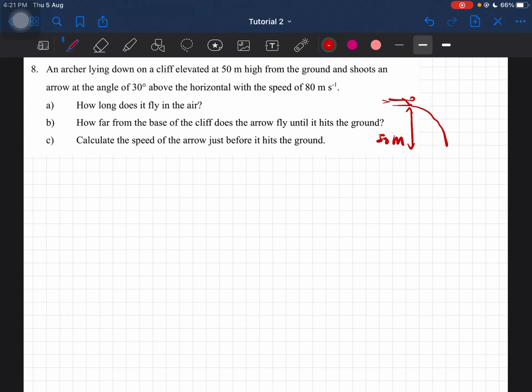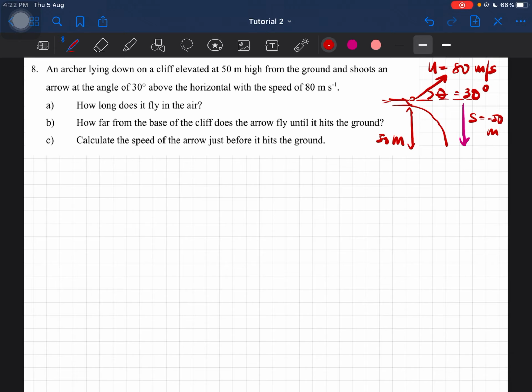Okay, and then he shoots the arrow at an angle of 30 degree, and then it has a speed of 80 meter per second. Okay, so the arrow would be going down, so our s is negative 50 meter.